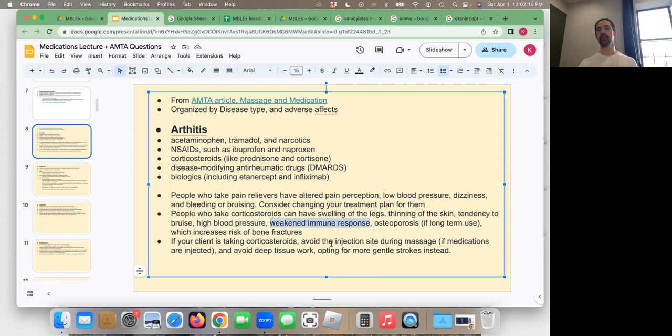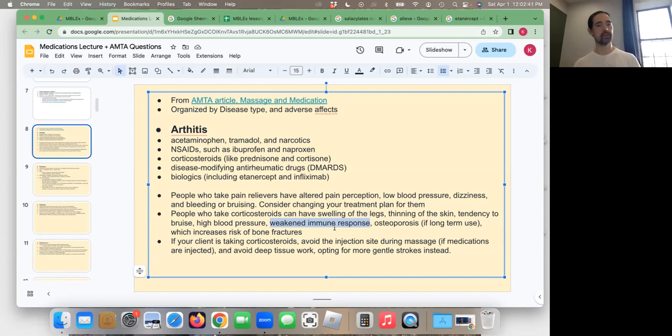The reason it leads to weakened immune response is because steroids or corticosteroids, which include prednisone and cortisone as things you take, and cortisol as what our body generates, what our adrenals generate, they reduce our immune system's ability to function.